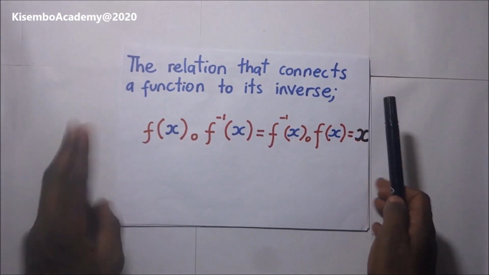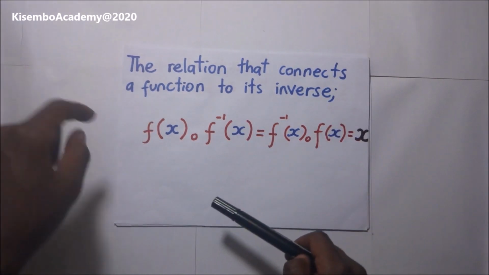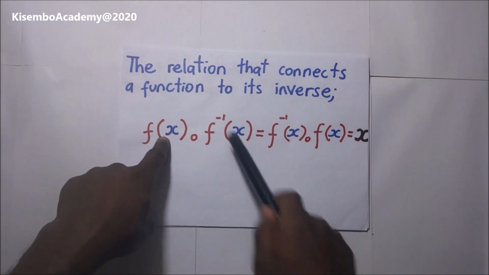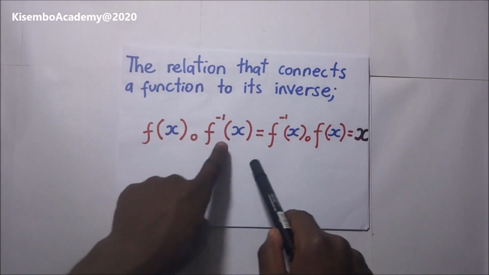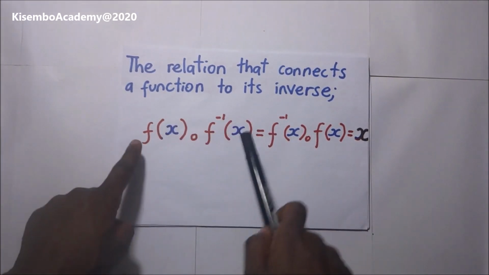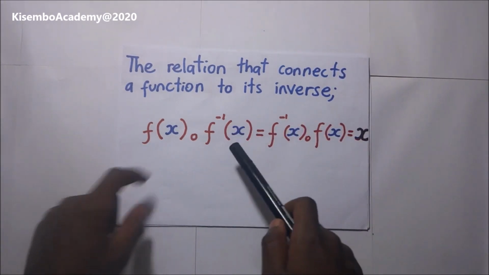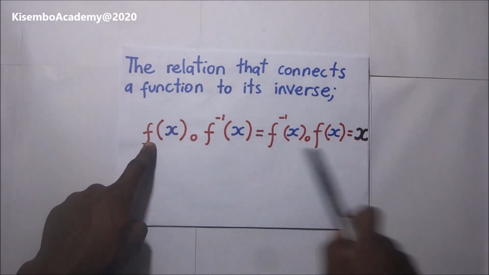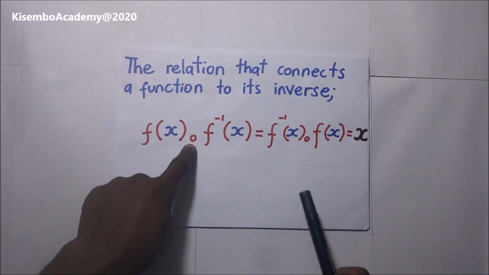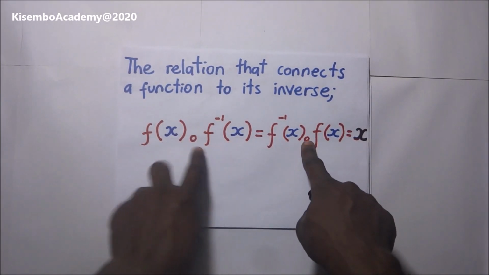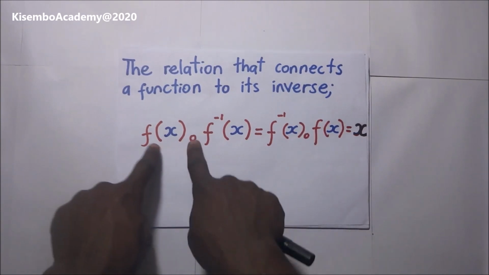So if you have two functions, f of x and its inverse, then for that to be true, the two functions must satisfy this relation. And this simply means these two are composite functions, not multiplication.